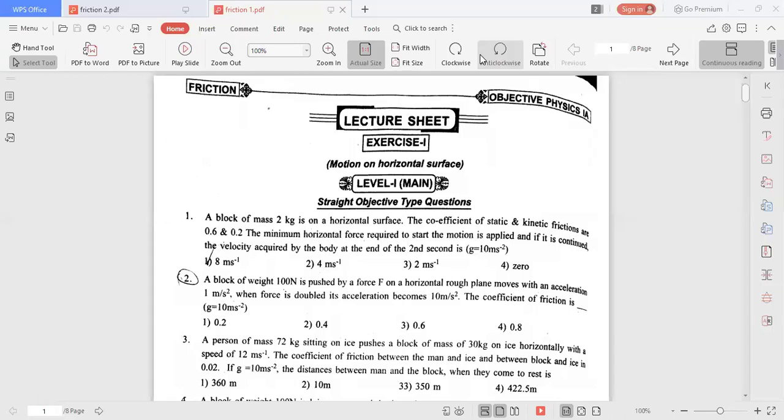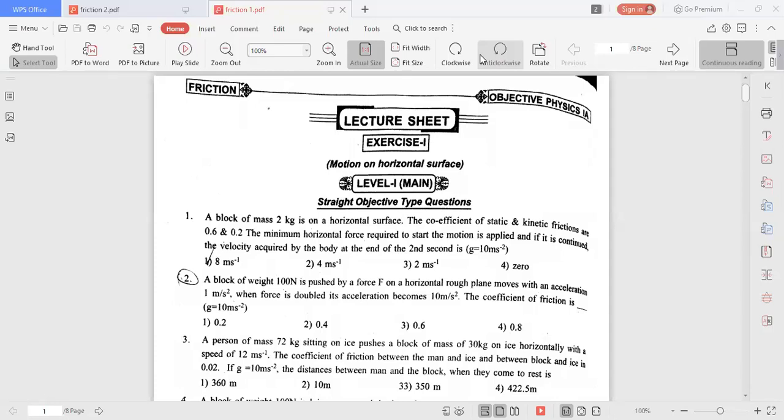That's why the net force is F minus (F1 plus F2), divided by the total mass m1 plus m2. So this is equal to 20 minus (3 plus 2), divided by the total mass 5. Therefore, a is equal to 15 by 5, 3 meter per second squared. It is the common acceleration.